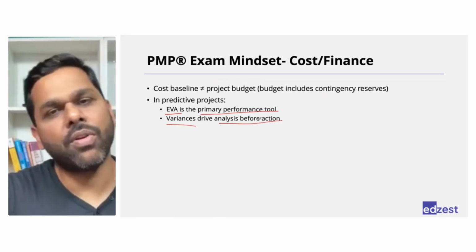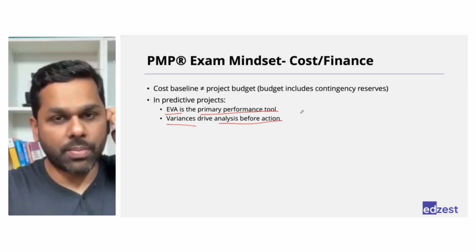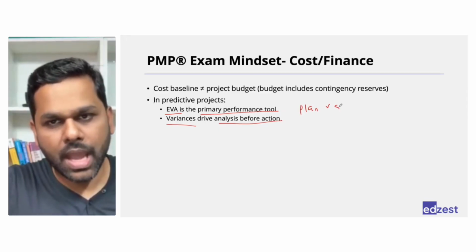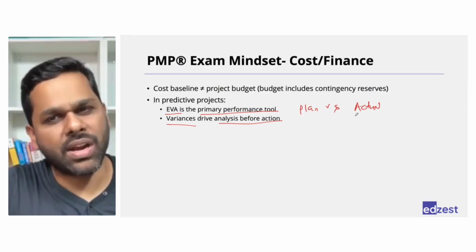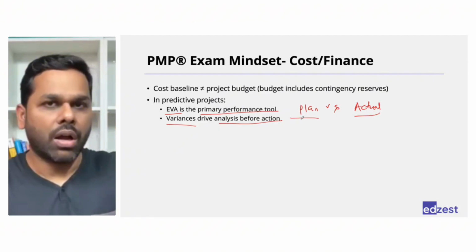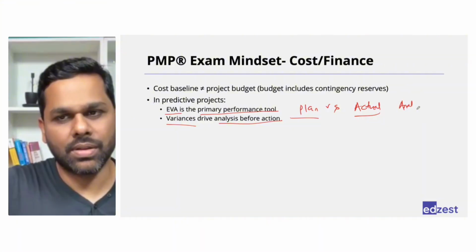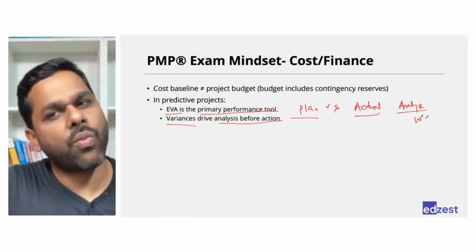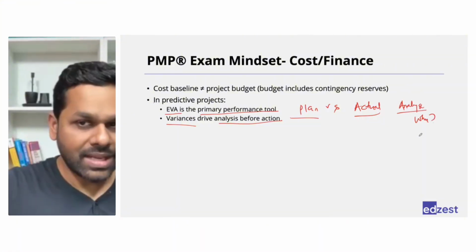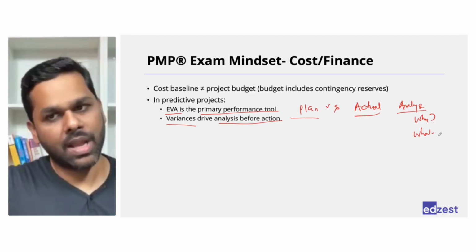Variance drives analysis before action. So if you measure your plan versus actual, and if you see that there's a difference, you are under budget, you are over budget, you are overrunning the cost, then first you need to analyze. Analyze means first you need to understand why it is happening. Then discuss what can be done.